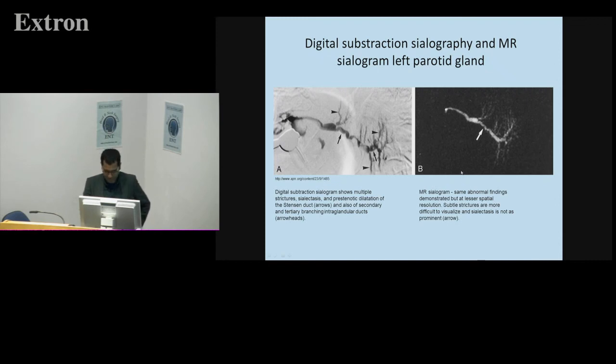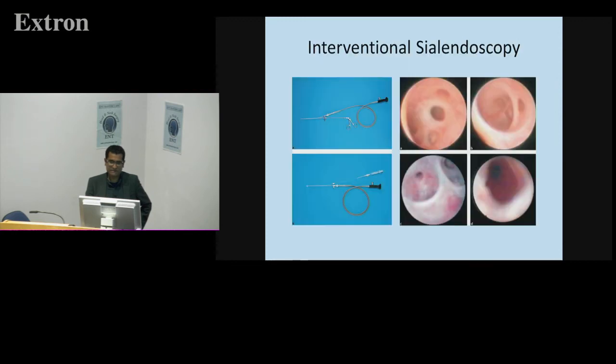But this is probably emerging in certain centers. And I mentioned interventional sialendoscopy. We have one of our Masterclass colleagues who has a sialendoscope he uses every once in a while. I think it's got its place. Quite fiddly though, as you can imagine.